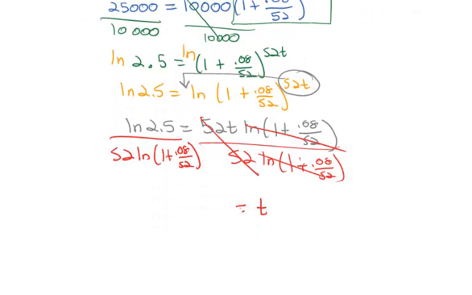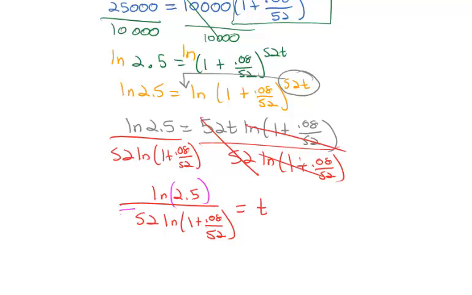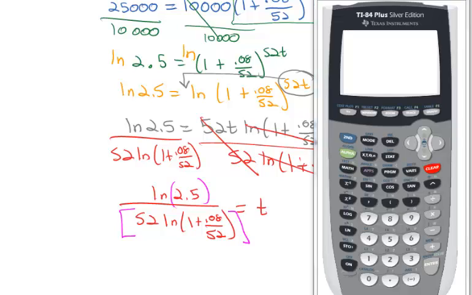What's left is that t equals the natural log of 2.5 divided by 52 natural log of 1 plus 0.08 divided by 52. And we can do this on our calculator. Remember on the calculator, when you hit natural log, it's going to automatically open a parenthesis, so make sure it gets closed. Also remember we're going to need to put a set of parentheses around the entire denominator so that we know the denominator all stays on the bottom.